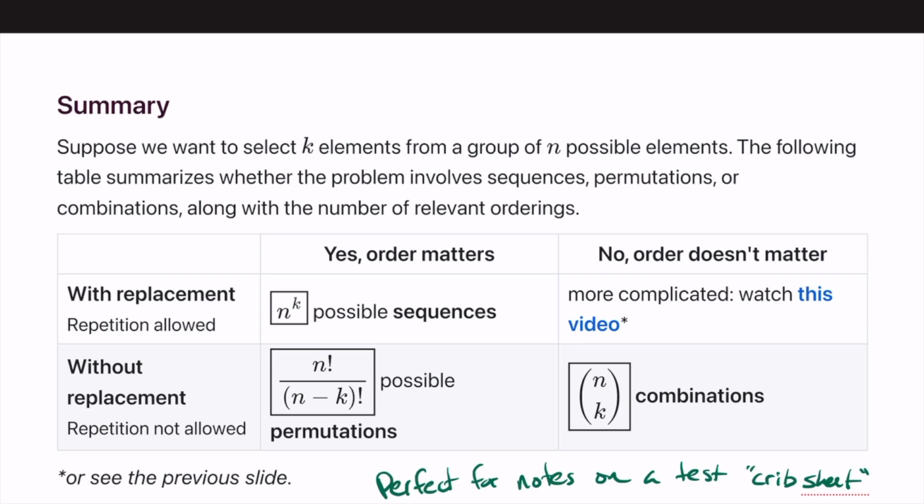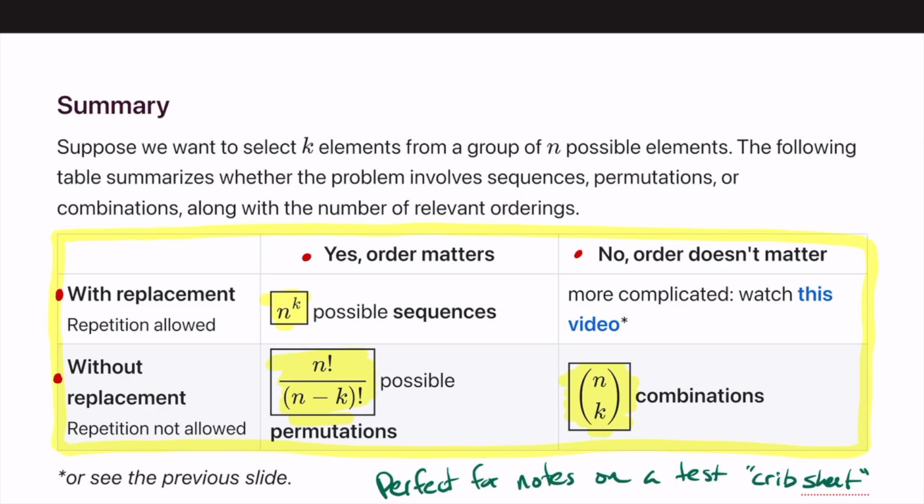You have this whole thing, because not only does it have the formulas that we have been using, but more importantly, it has the dimensions that these formulas account for, either with replacement, without replacement, order matters, or order does not matter.